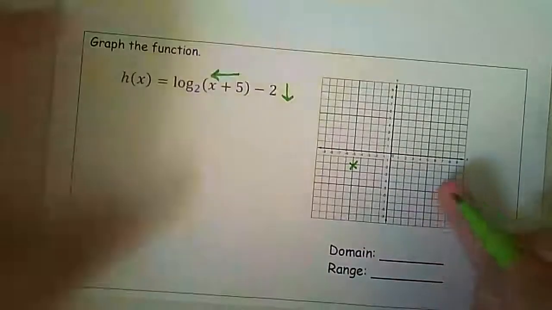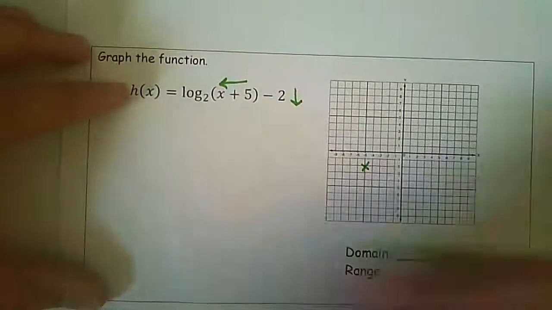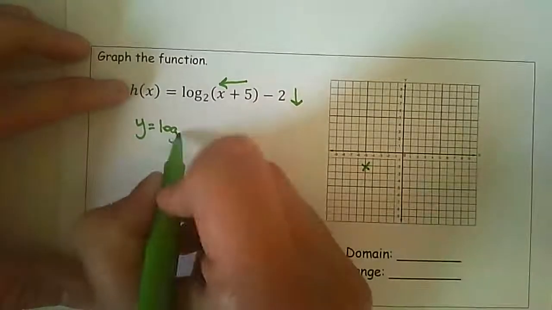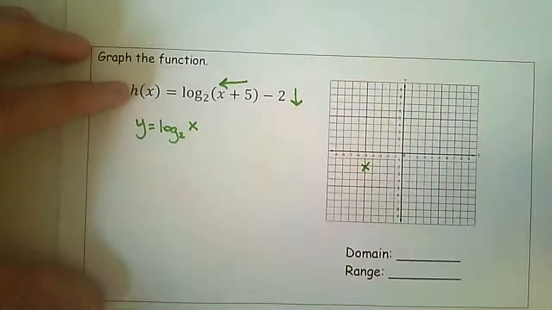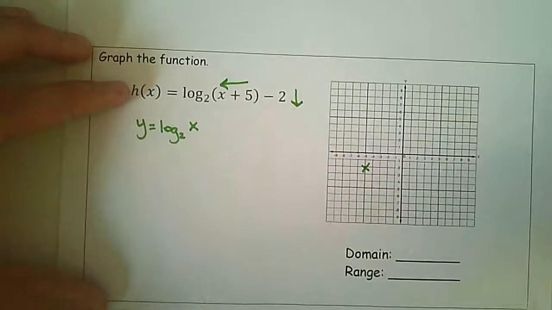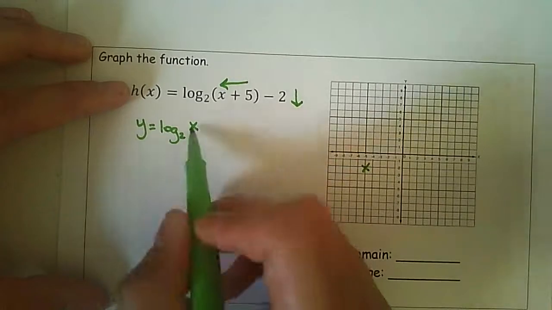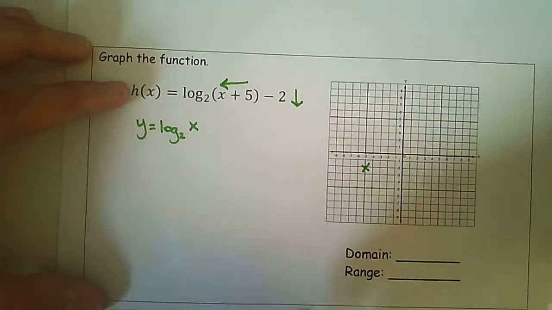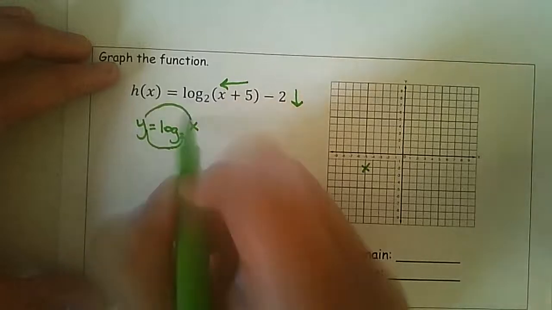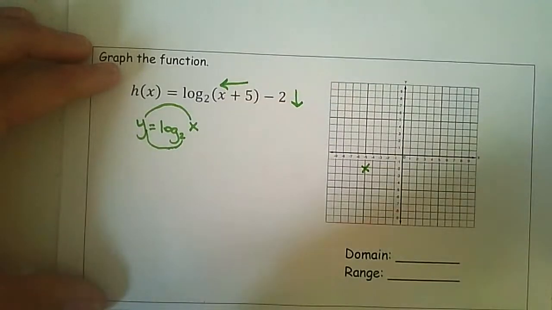All right, now let's take a look at what we haven't done anything with. So I haven't touched my log base 2 of x. And again, we can't plug in negative values for x. So what we're going to do is use our log rule, a backwards log rule, to get this into exponential form.